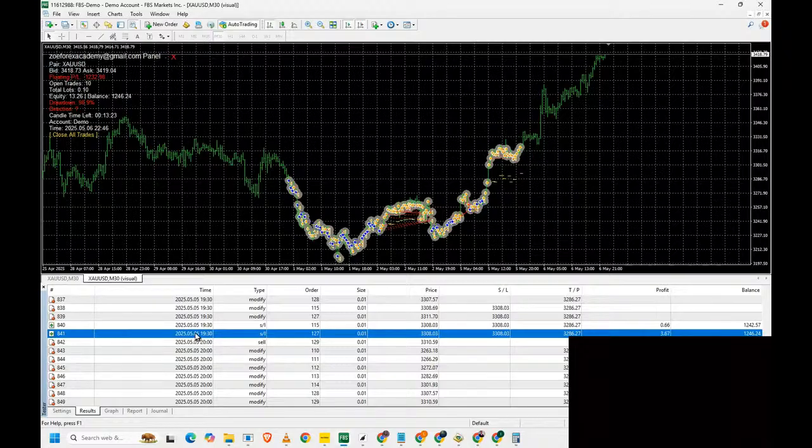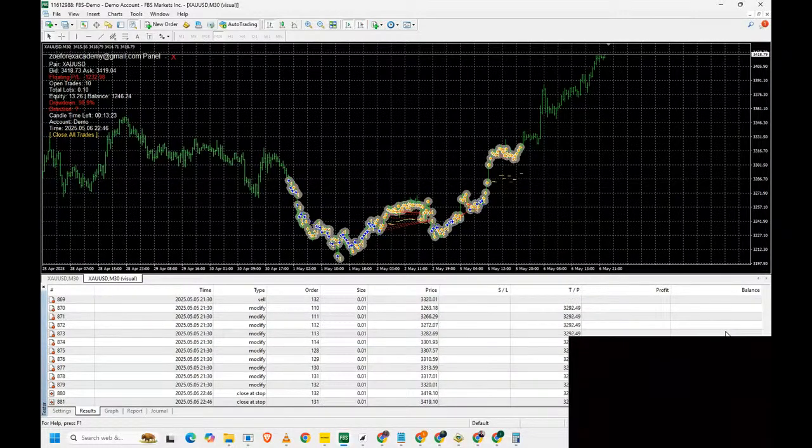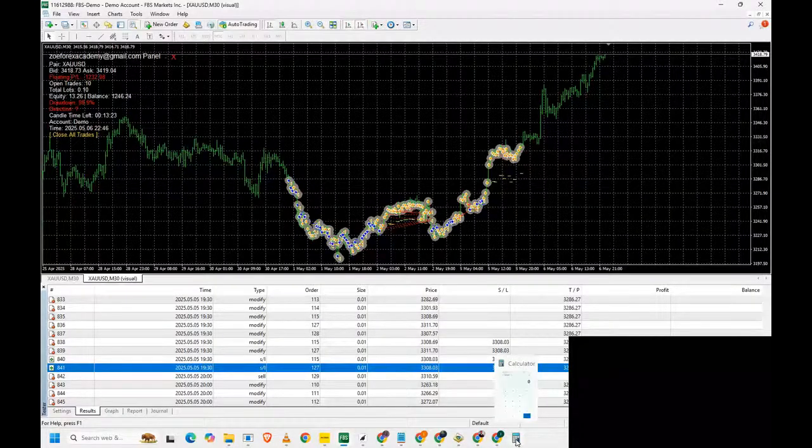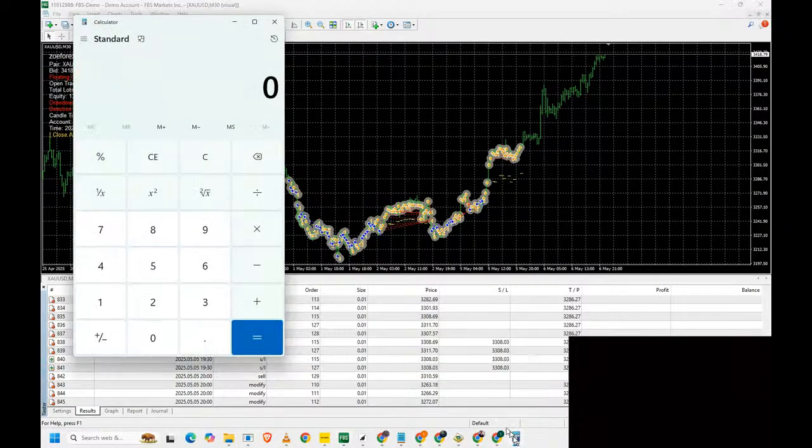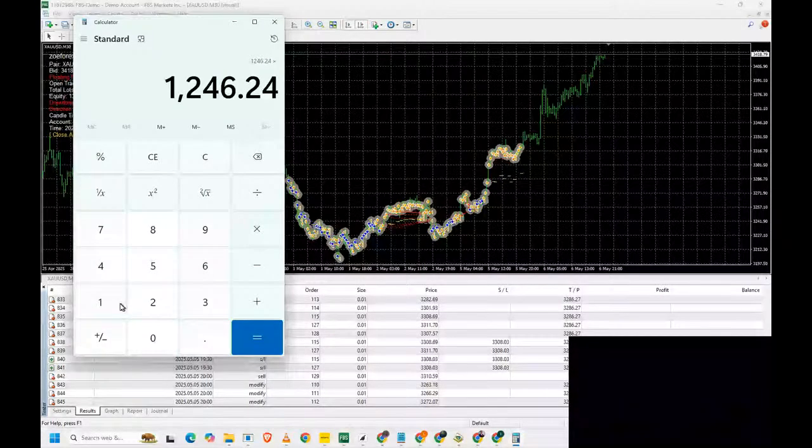So today is the 5th, according to this. The last profit made was 1246.24. So that is why we open the calculator. We take 1246.24, and then we multiply that by 10% of whatever we have.